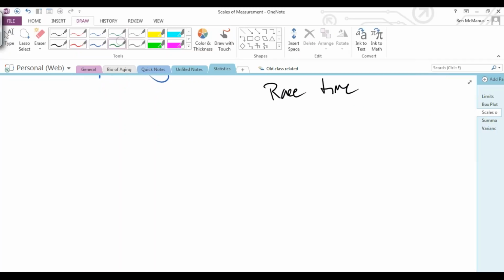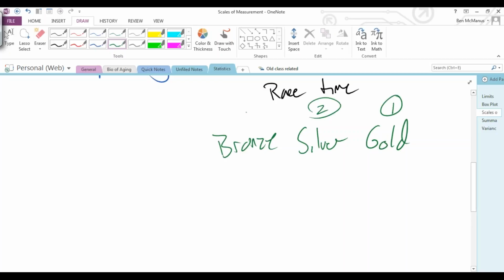Not necessarily. Sticking with this race theme, think about the Olympics. What if I said someone finished with the gold medal, someone finished with the silver medal, and somebody finished with the bronze medal? These are also technically ordinal data, because gold finished first, silver second, and bronze third.